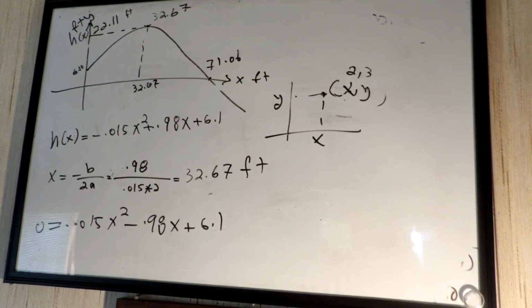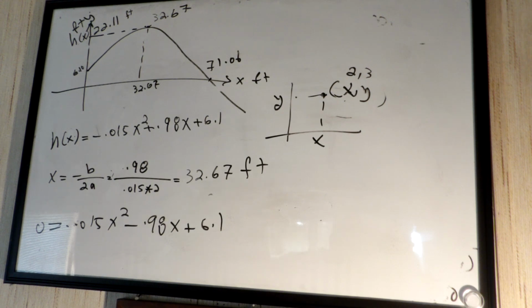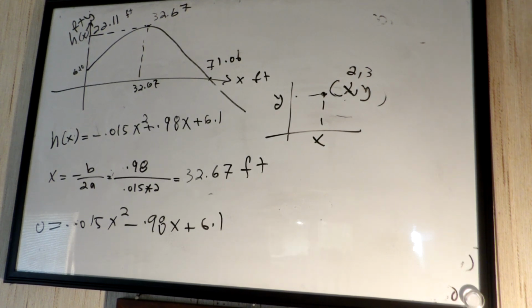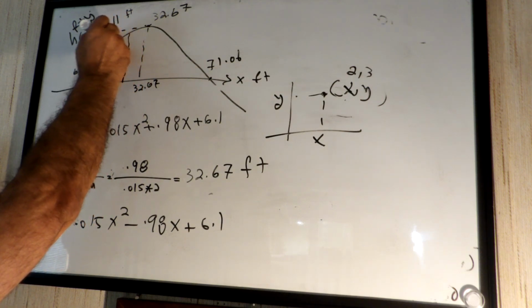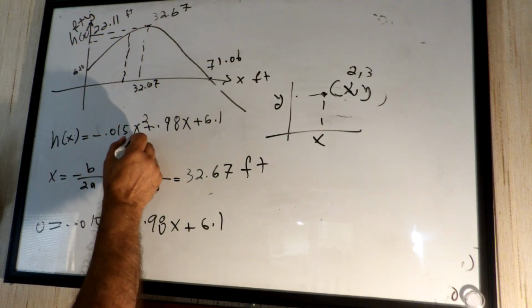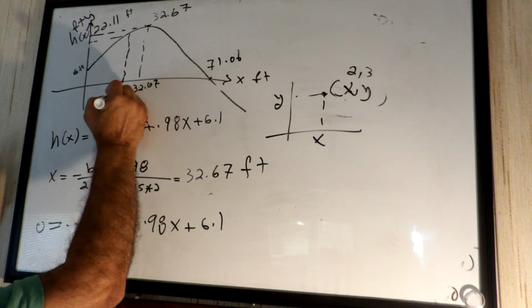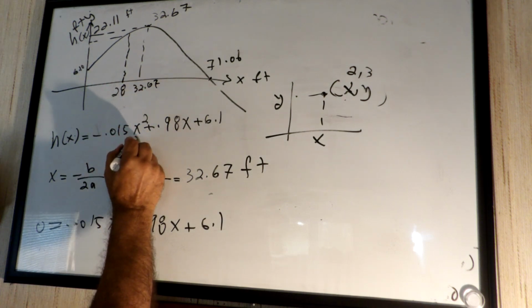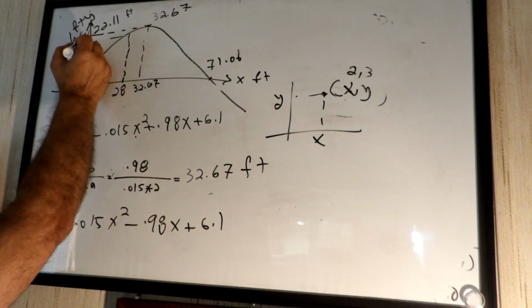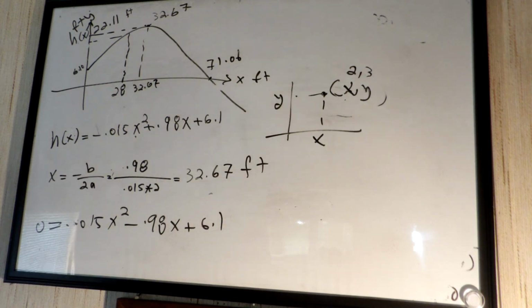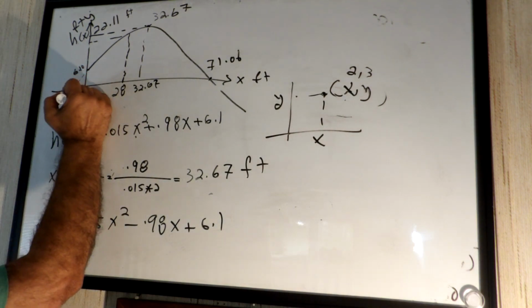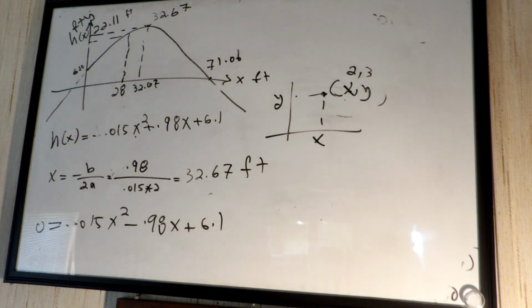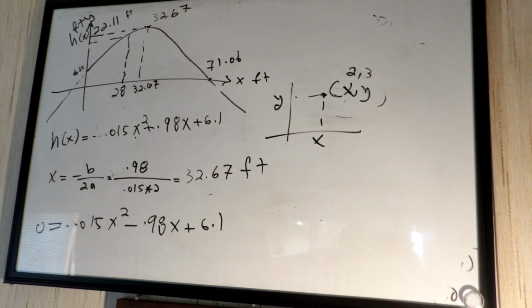Now you see this is where it hits the ground. If you put a value in the formula, for example 28, instead of x, then it gives you the height. But actually, this quadratic equation is going to be like this.